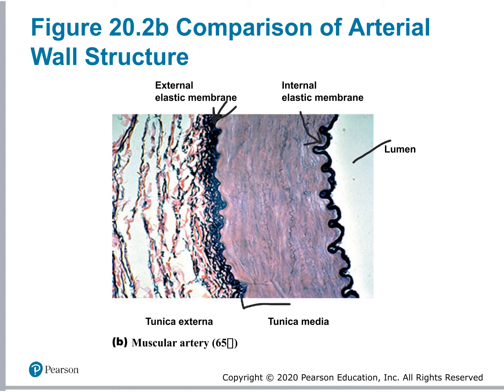But this whole layer right here is the tunica media, and this layer right here is the tunica externa. What they're not showing you is the tunica intima. If I wanted to show that to you, we'd have to take a closer picture. And it's going to be that right there.